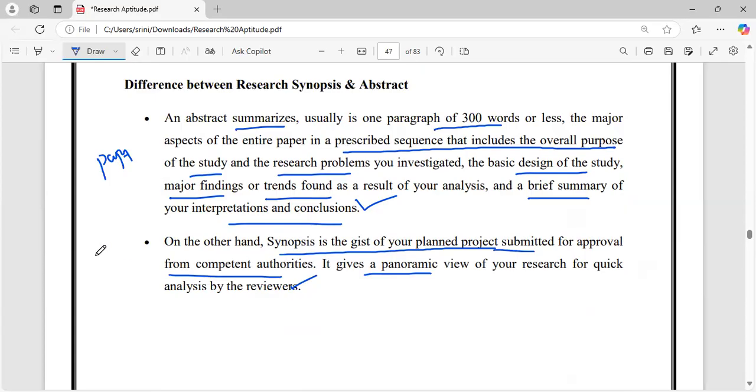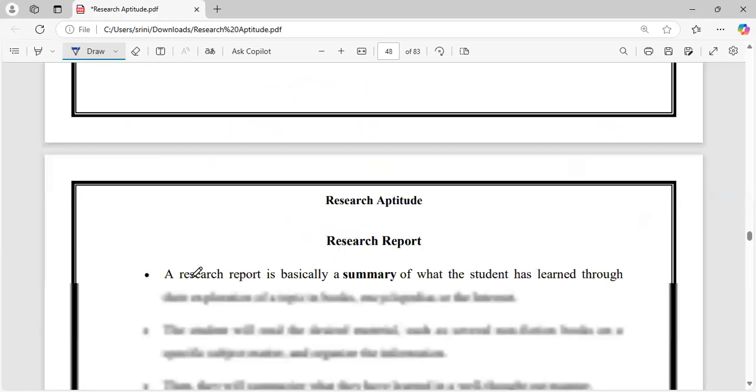And synopsis is about what research I have done and my plan to conduct the research. So it has to be submitted to the authority, either through the guide, head of the department, or controller of examination.